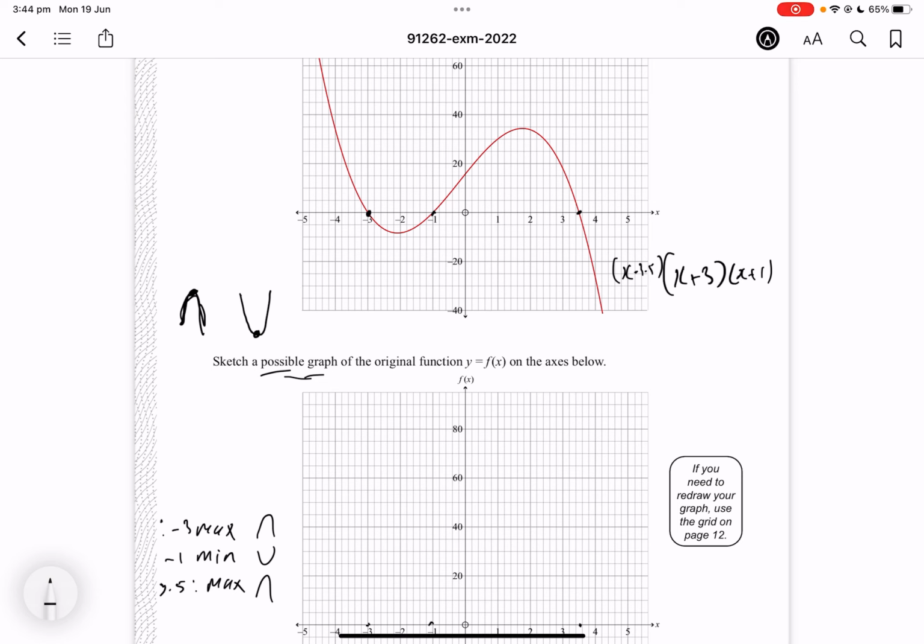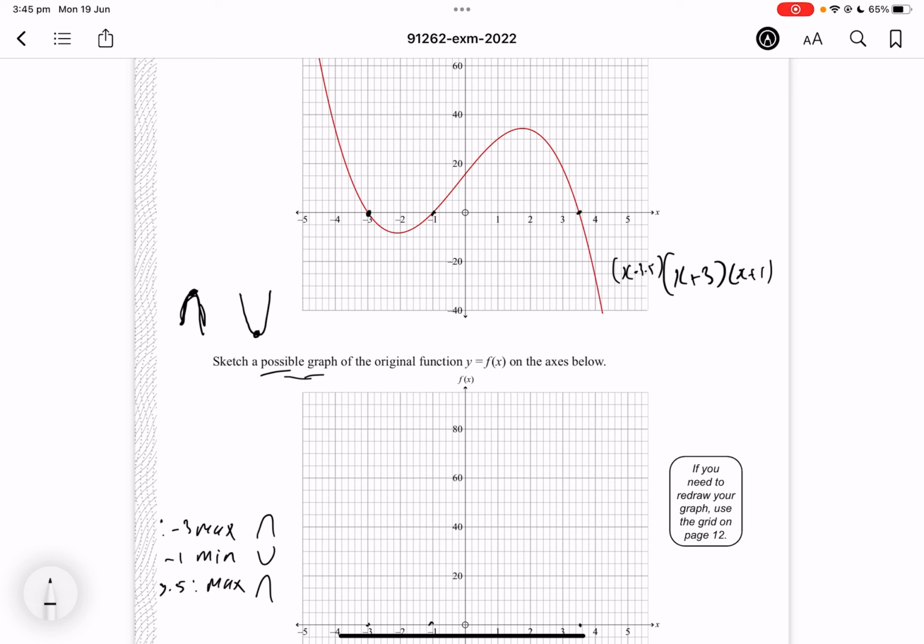If you look at the interval between -3 and -1, and the interval between -1 and 3.5, you see that the decreasing interval is much smaller than the increasing interval.